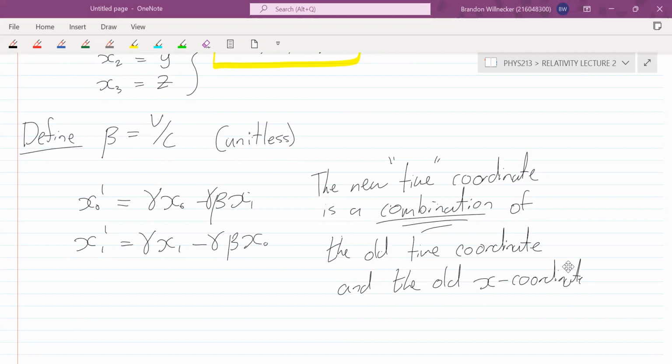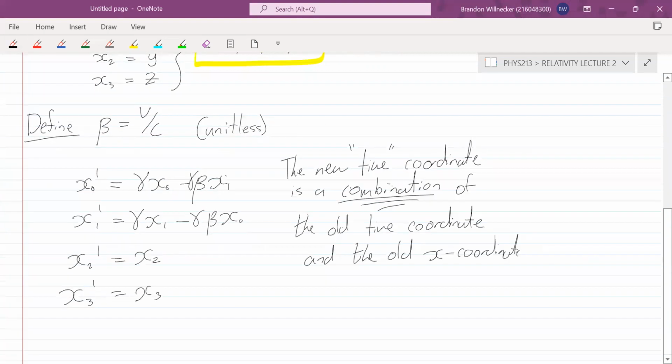Now, the way we've written it, these two coordinate systems are moving relative to each other, but only in the x direction. So time and x get mixed, the others remain the same. So x2 prime is x2, and x3 prime is just x3.